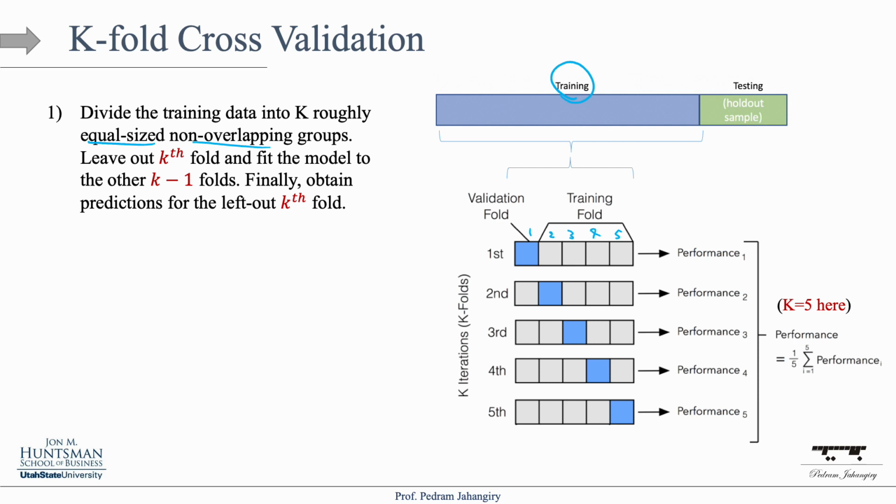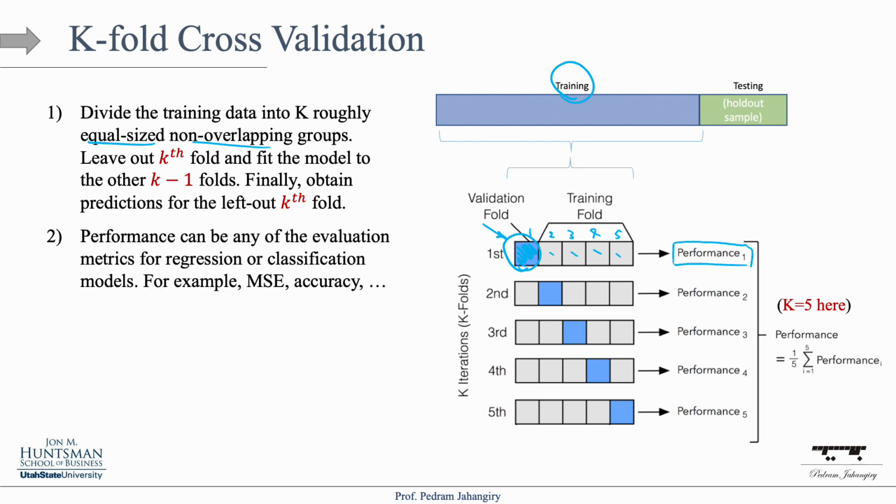We leave out one fold, in this case here, and fit the model to the other remaining k-1 folds, right? Finally, we obtain the predictions for the left out fold. So this is our left out fold. We're going to train the model using these 4 folds and test it here. Test it on something that the model has not seen before, right? On that kth fold, and report the performance in that fold.